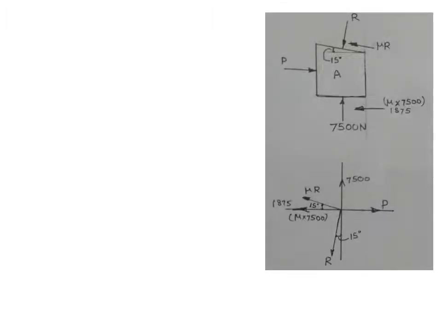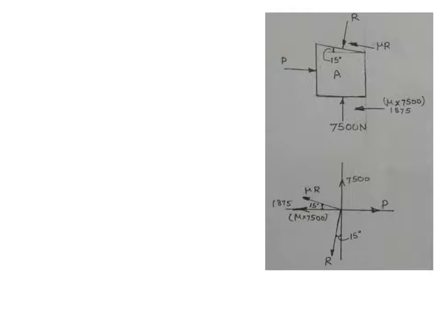In this figure, we are representing wedge A and the forces that are coming on it. The same forces we are representing on Cartesian coordinates. 7,500 is the normal reaction at the ground.